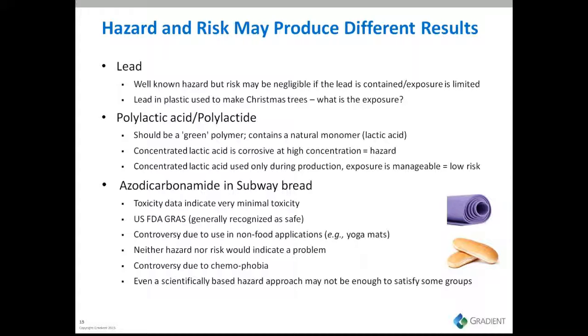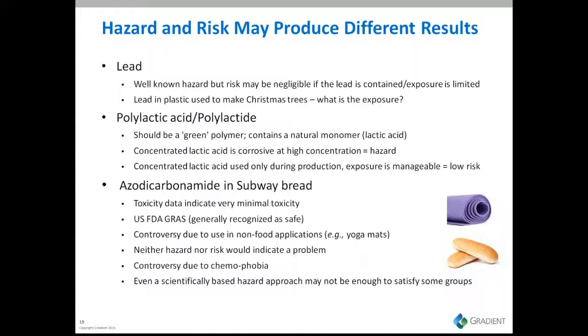I think a more interesting example is the case of azodicarbonamide in Subway sandwich bread. This may be something many of you heard about. It's a very interesting case because for this particular chemical, the toxicity data indicate very minimal toxicity. This stuff is not really toxic at all. You could have grams of it and it really wouldn't cause a problem.